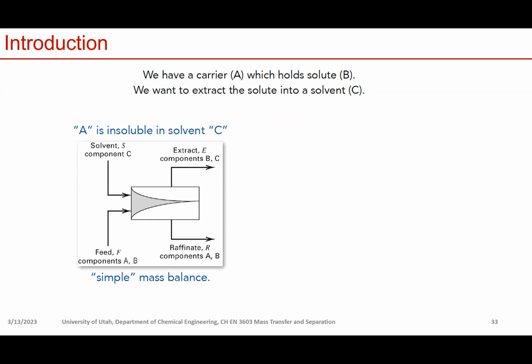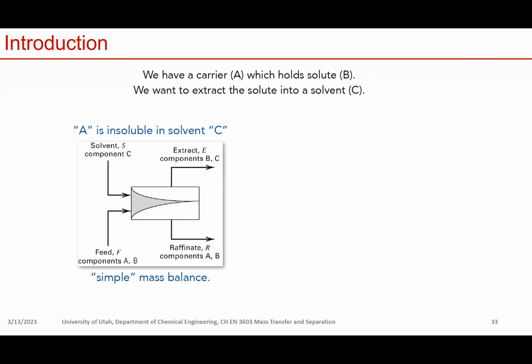Now let's look at this separation process here. We have a feed F that contains components A and B, and then we have a solvent stream S that contains a solvent C. We feed these two streams into this separation unit. Now, if A is insoluble in solvent C, then we end up with two streams.